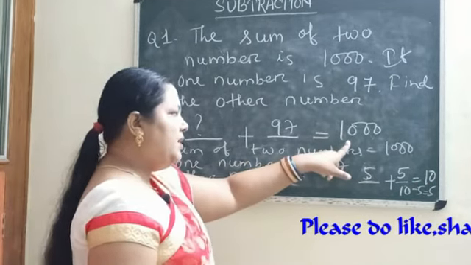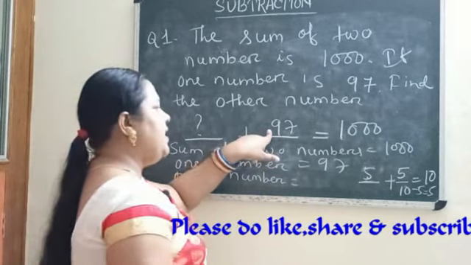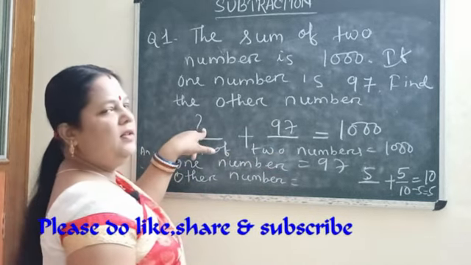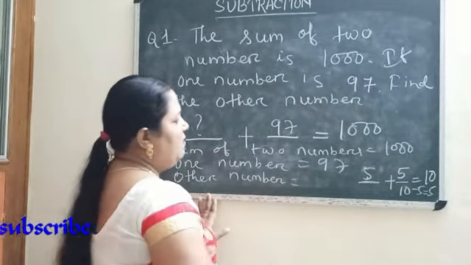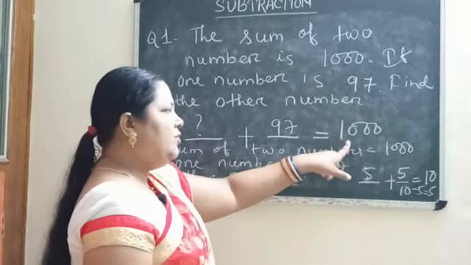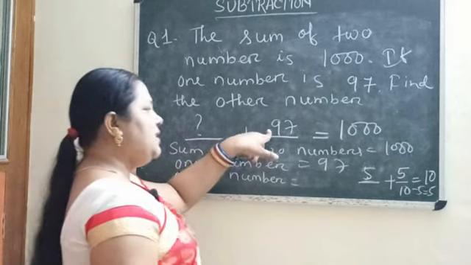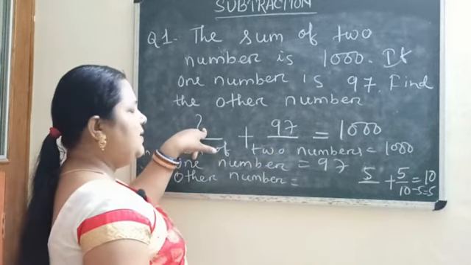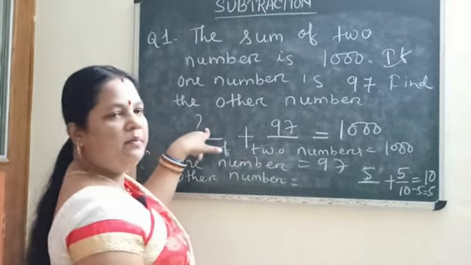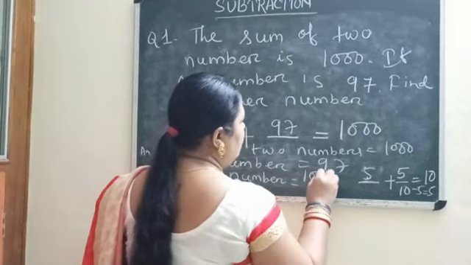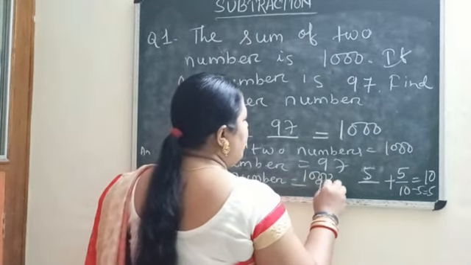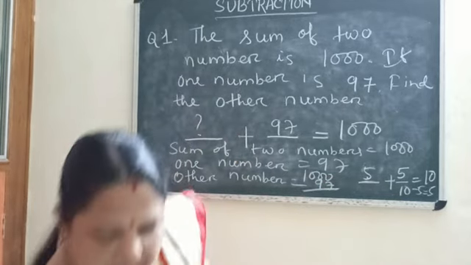So if you put here 5, then 5 plus 5 is 10. Your statement will be right if we follow this process. Then here also the same thing. Sum of two numbers is 1000. If this one is given 97, then the other number you will find by subtracting the value, 1000 minus 97.